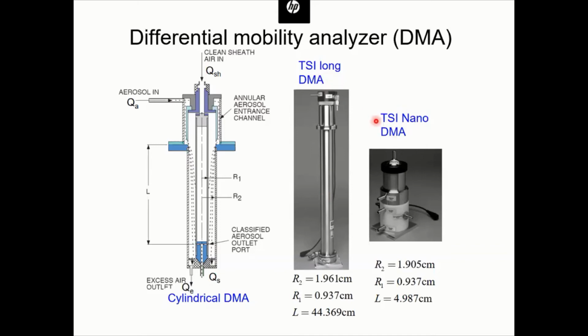Different types of DMA have the same working principle. It's just that the size of the particle we're interested in is different. For example, the long DMA measures particles from 10 nanometers to, let's say, 600 nanometers, while the nano DMA measures particles from 3 nanometers to, let's say, 30 nanometers. The nano DMA is for the smaller particles.